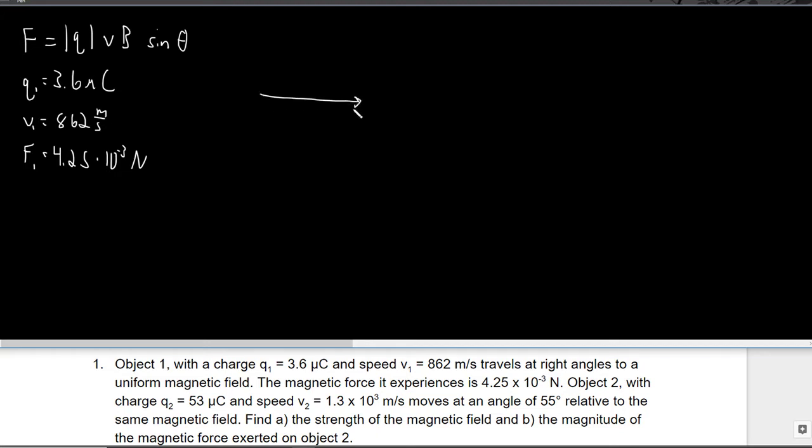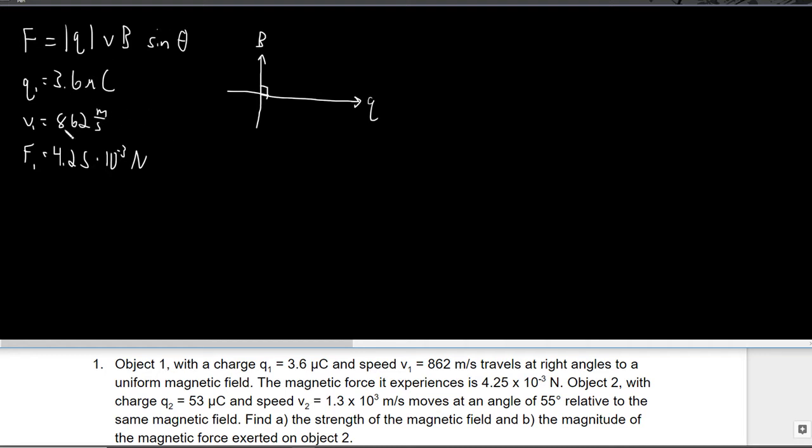Let's say the charge is going that way, and my magnetic field, I'm just going to use an arrow. If that's my B, the charge is moving perpendicular to it. If I take the sine of 90, it's just 1, and multiplying by 1 doesn't change anything. I don't even care about that.